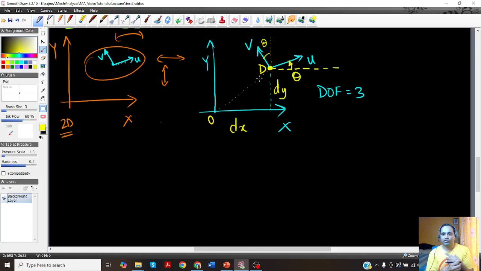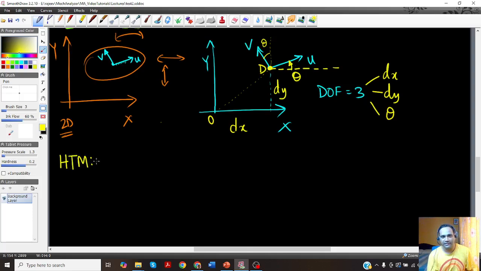So what we end up with is that we need 3 degrees of freedom. That means I can give you the value of dx, dy, and let's say theta. If I give you this much information, you will also be able to draw that coordinate system. Now there is something known as HTM.